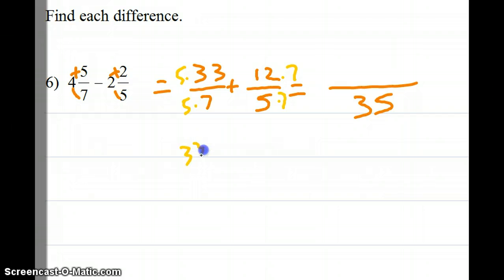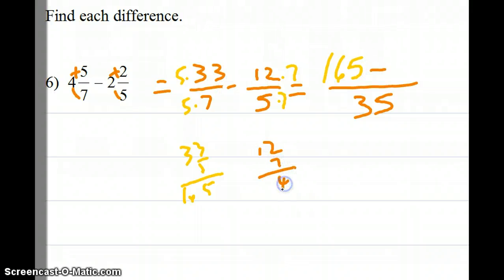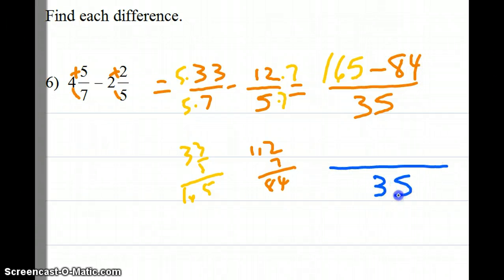So 33 times 5, we'll have 165. I wrote a plus, but it really should have been a minus. Minus 12 times 7 is 84. So now we have a common denominator of 35.